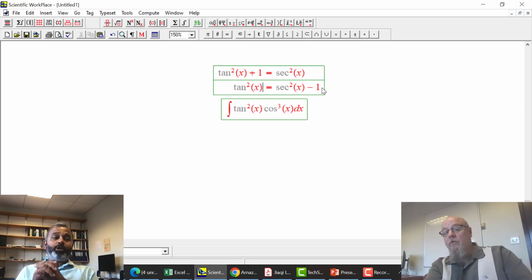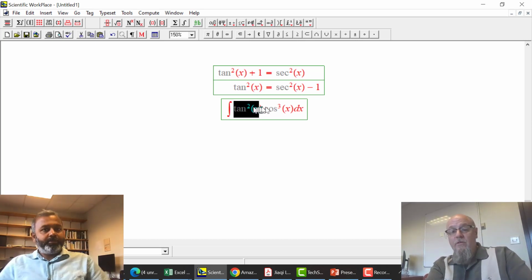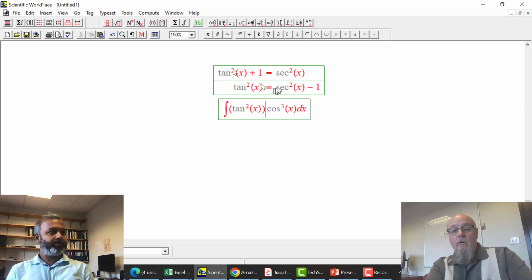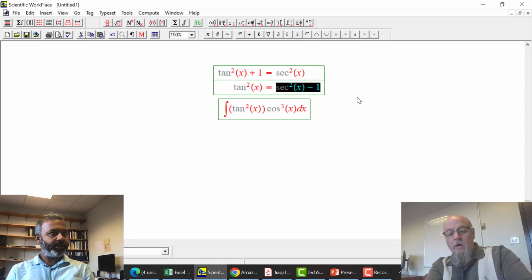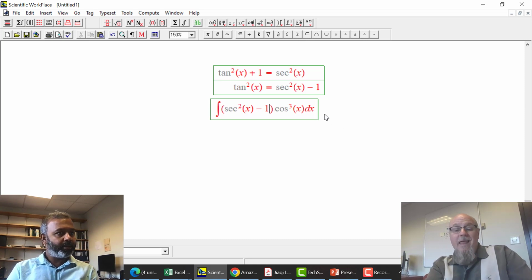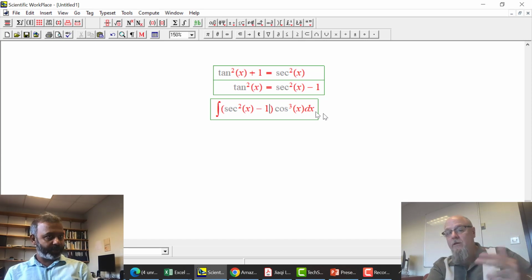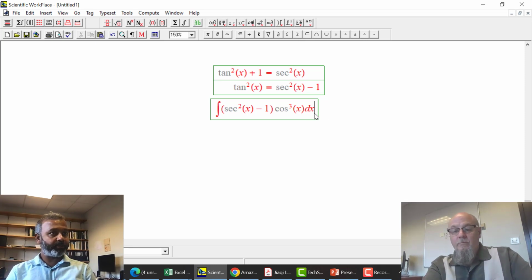Let's try the first thing first. I'm going to switch this tan squared out for, so tan squared plus 1 equals sec squared, I'm going to switch that out for sec squared minus 1. So now everything's in terms of, oh nice, secant's 1 over cosine. So everything is in terms of cosine.